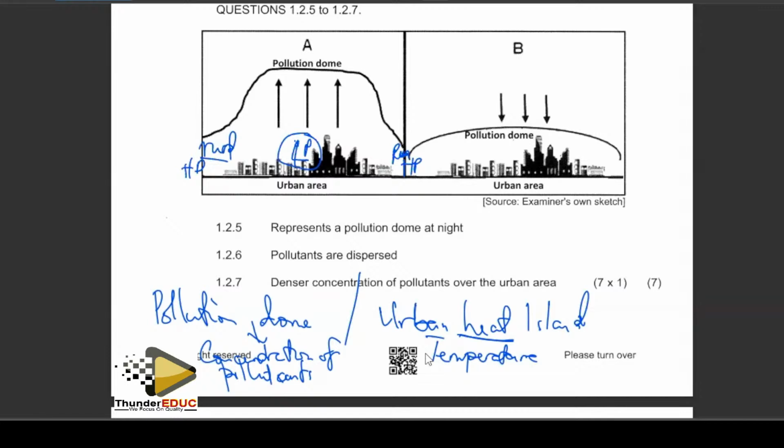So there will be a pressure gradient and the air comes from the surrounding rural area to feed into the low pressure. It converges and it rises, circulating in a clockwise direction, and the air is displaced in the upper atmosphere. So as the air moves like this, it is also going to take with it pollutants, which are released in the city here.